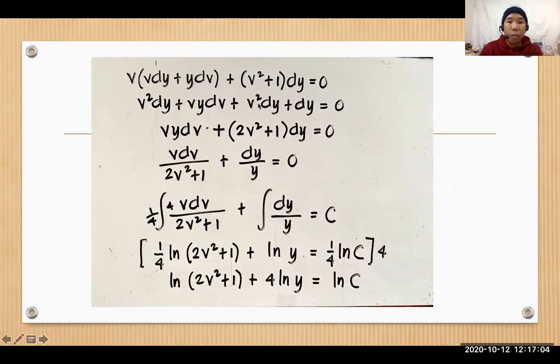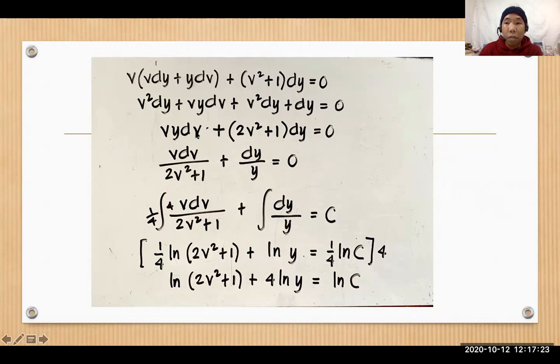Then combine like terms, so you have v squared dy and v squared dy, so you have 2v squared dy. Factoring out dy, you have 2v squared plus 1 times dy. And on your first term, you have vy times dv.